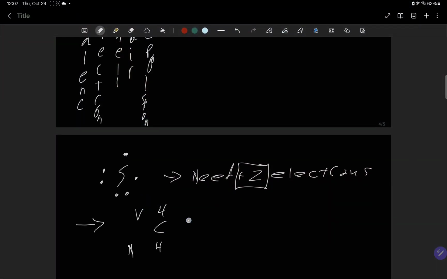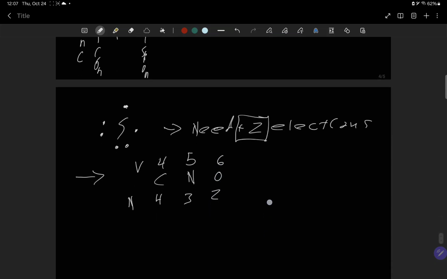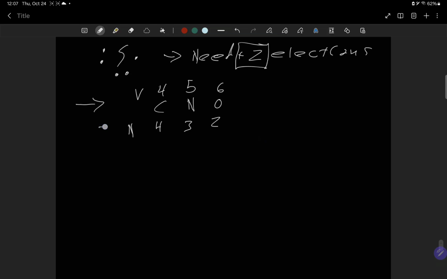Nitrogen is going to be 5. In order to make the 8, it needs 3. Oh, sulfur has 6 valence electrons, needs 2. This is going to be the number of bonds that each of these elements want.